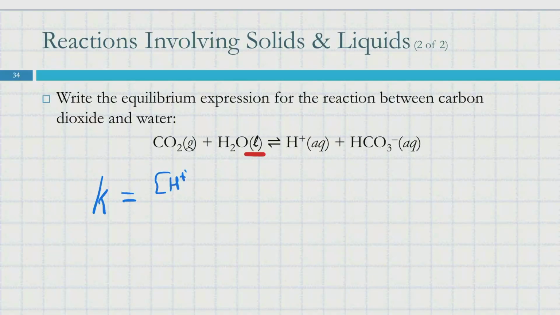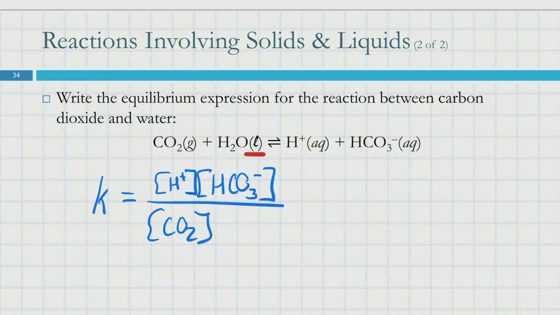It's products, H plus and HCO3 minus, over reactants, concentration of CO2, and we would write concentration of H2O. We can get rid of that, turn it into a 1.